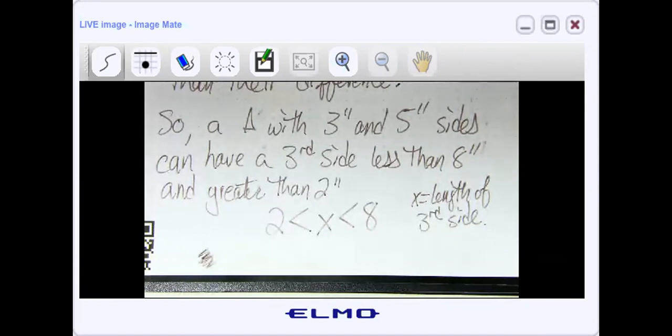So now that you know this, now finding the range of possible values for the third side is actually really easy. So let's do a whole bunch of them together. I'll give you a second to just finish writing this down if you haven't already.